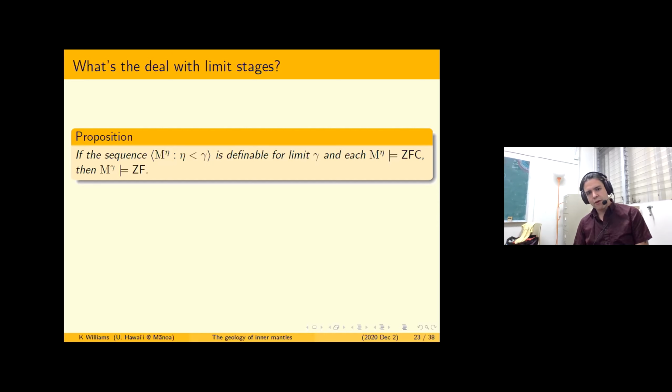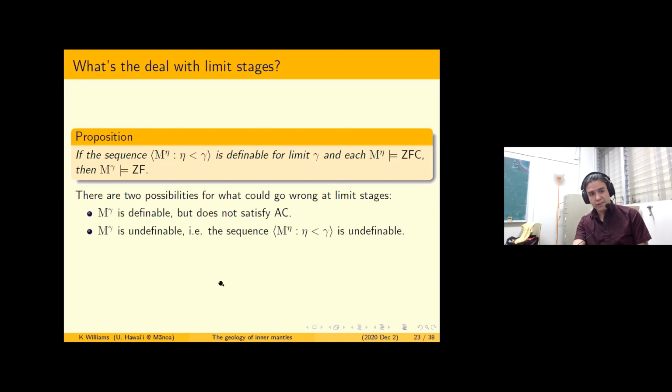Another thing that might go wrong with limit stages: it's pretty easy to see that if you have a descending sequence of inner models, and you have uniform access to it, then the intersection of all these is going to satisfy ZF. You can do a sort of covering type of argument. And so you're going to get everything except possibly the axiom of choice. So there are two things that can go wrong at limit stages with these inner mantles.